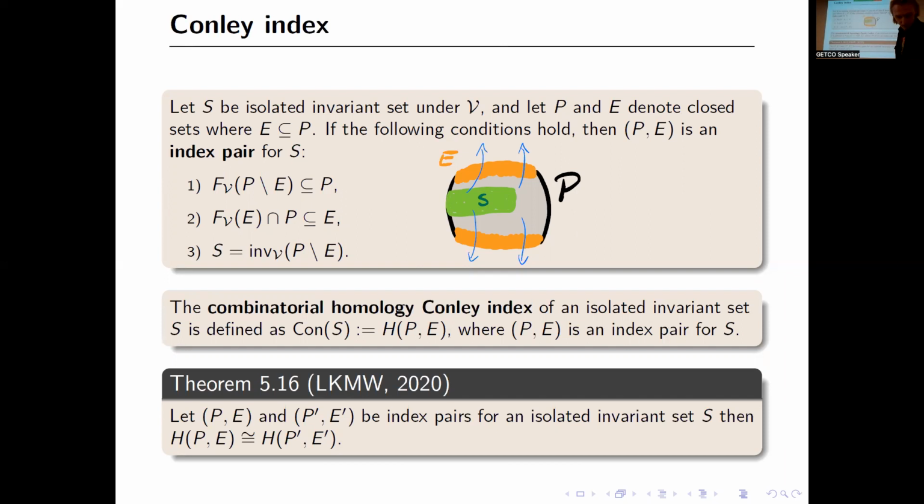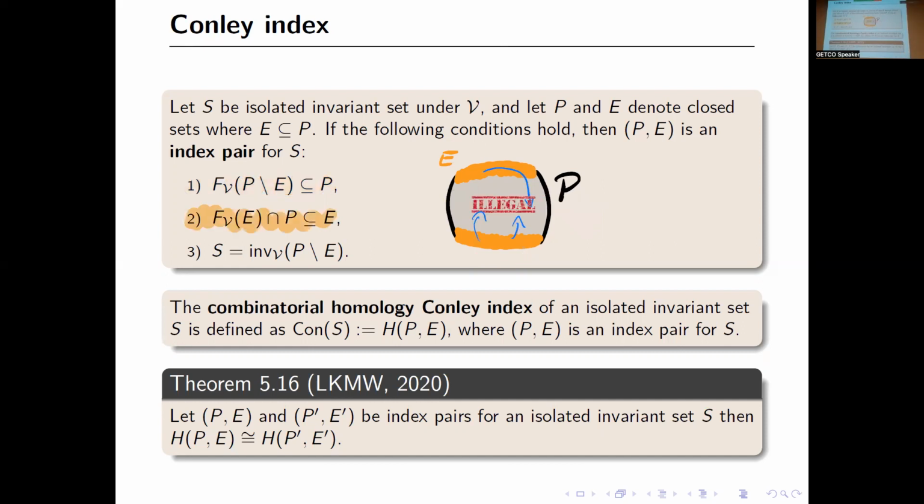The first condition says that we cannot escape the index pair without going through the second set E, which is an exit set.